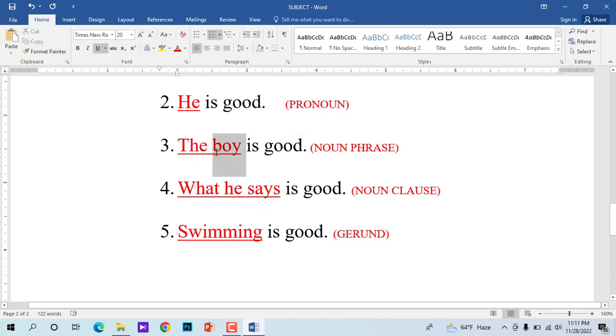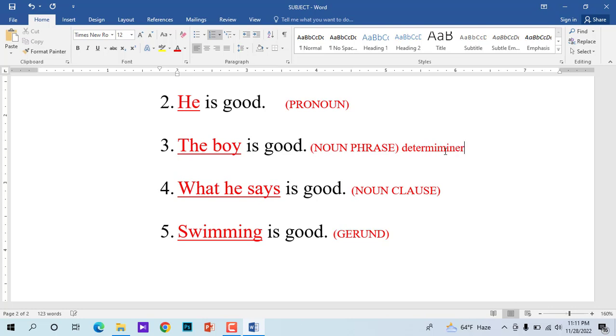For a beginner it might be difficult to identify a noun phrase, but I will discuss later what can be a noun phrase. But in this sentence you just have to know that it is a determiner plus a noun.